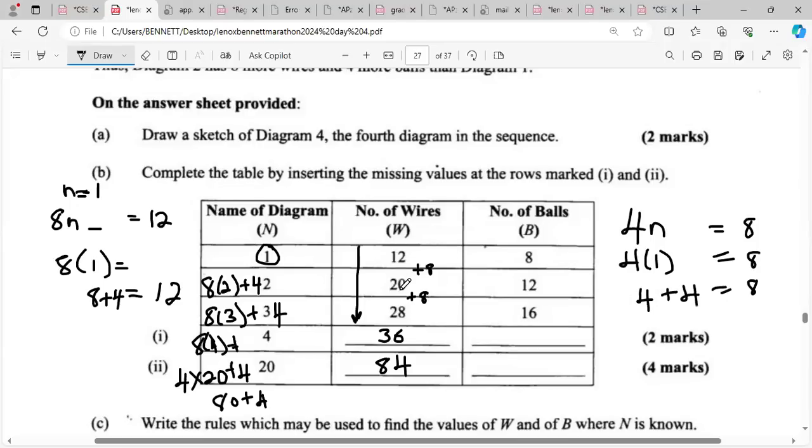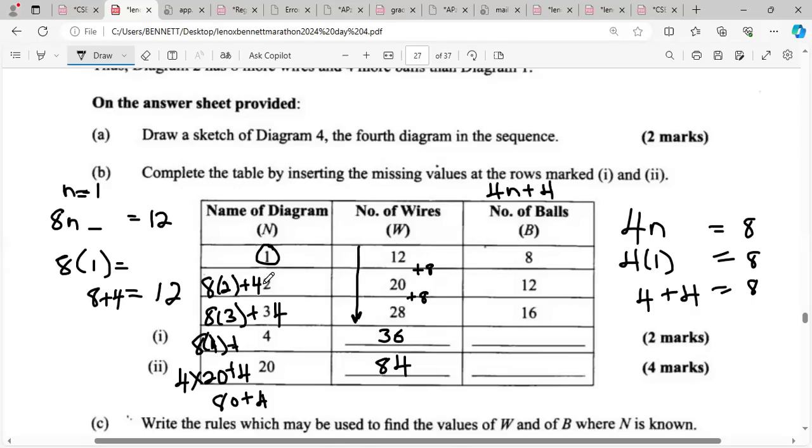I'm going to check it for the others. 4 twos are 8, plus 4, 12. Now 3: 4 threes are 12, plus 4. So it's the same thing we're doing here. Multiply 4 by n, then add 4.